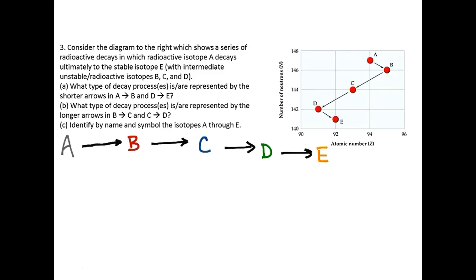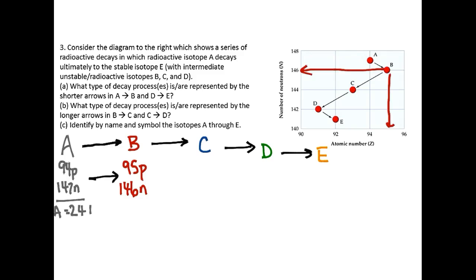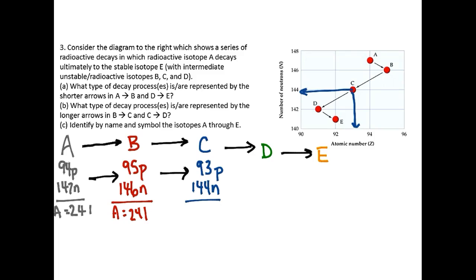So for A, if we look at what's happening, A has 94 protons and 147 neutrons. If we add those together, we get a mass number of 241. We can do the same thing for B. B has 95 protons and 146 neutrons. C has 93 protons and 144 neutrons.